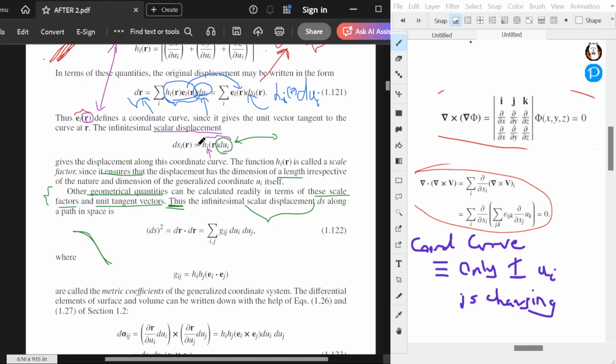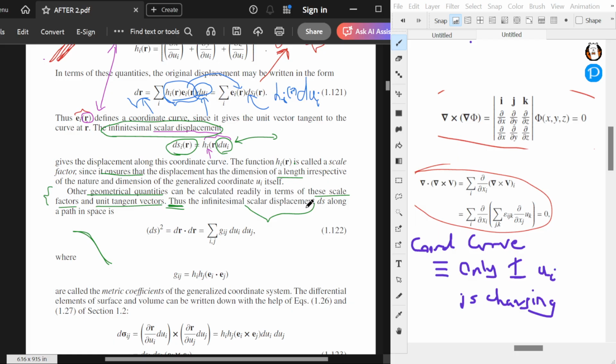At the end of the day, ds is just hi dui. So ds is just a length. Yeah. You're not really doing anything. Okay.